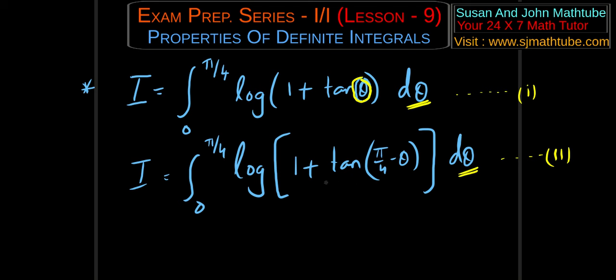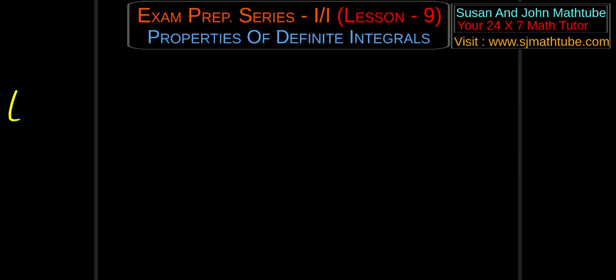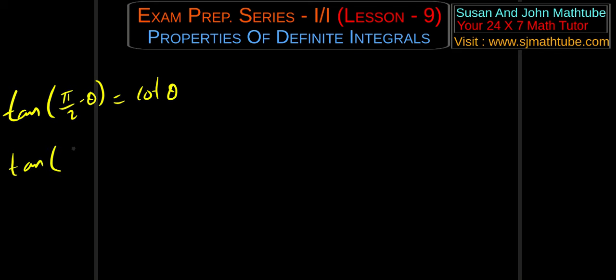Okay, now we have a big problem. Look at this. We have tan pi by 4 minus theta. If it is tan 90 minus theta, like in the last problem, we can convert it into cot theta. But this is tan pi by 4 minus theta, and there is no property supporting this argument. Oh, wait a minute.